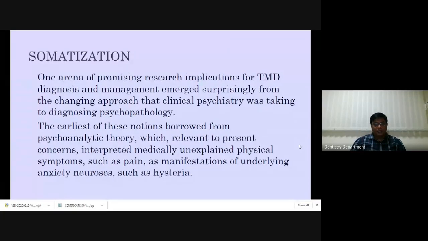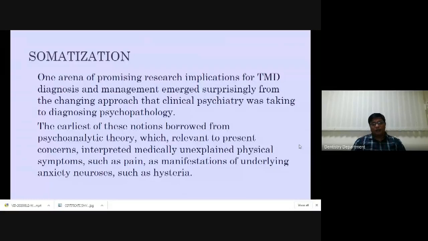Somatization is nothing but a manifestation of underlying anxiety neurosis, such as hysteria, in which, if you are not able to find the reason for a particular pain, that is, medically unexplained physical symptoms, but the patient says there is pain, we used to think there is some problem with this patient. So they were building up a lot of things. But somatization is a scientific concept now.